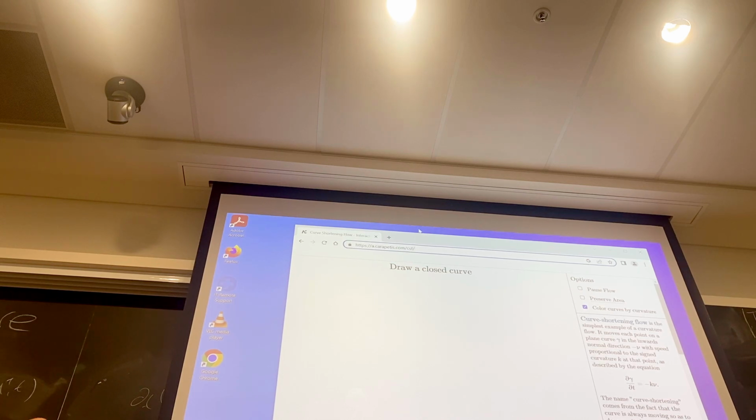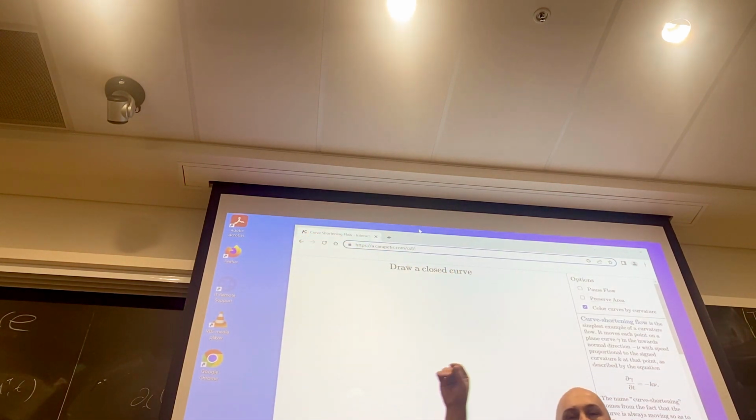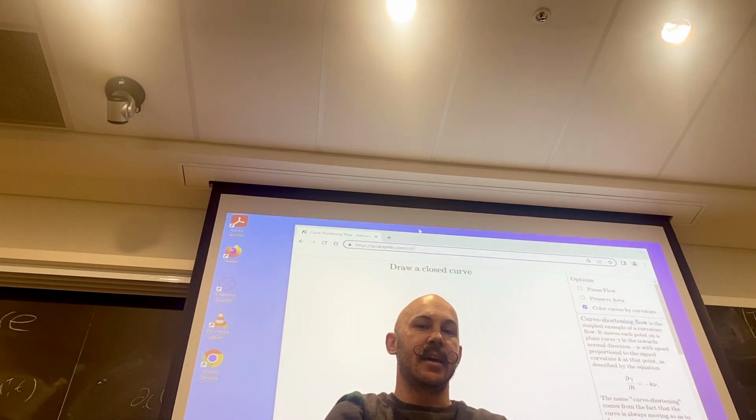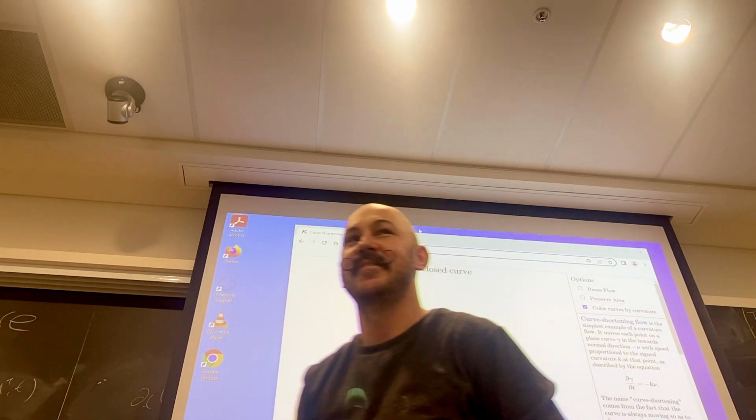Yeah, so you can define the center of mass for the curve by integrating over, I can't remember exactly what you integrate over, but I think the final point that the curve shrinks to is the center of mass. Check that though, I might be wrong.